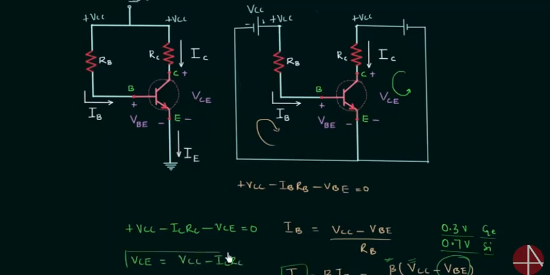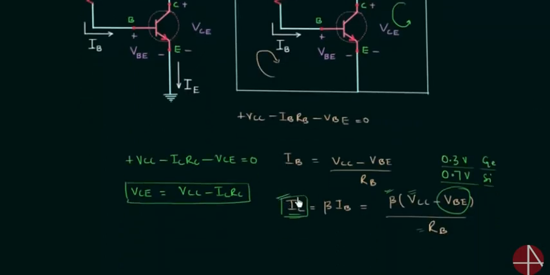So we have the output voltage. We have already calculated the output current IC, and we can put this value here. VCC is already known to us, RC is already given to us, and by using these values we can easily calculate the output voltage VCE.